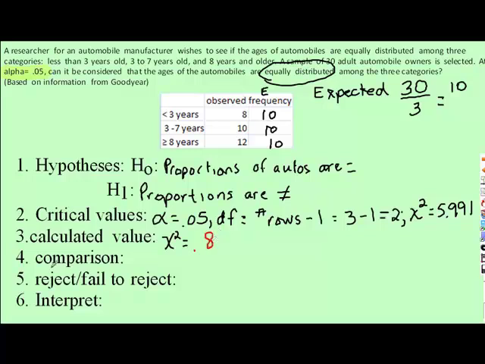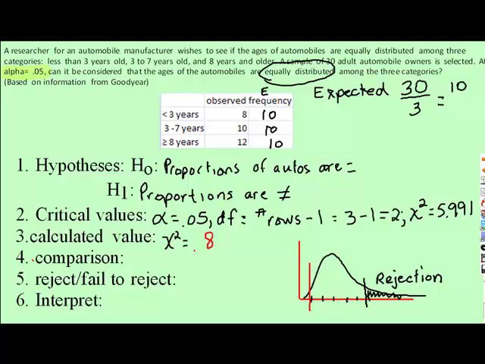In my comparison for step 4, I would take a curve. Chi-squares are not symmetric, they're skewed right. My critical value on a number line is just shy of 6, 5.991, and that would return my rejection region. However, when I compare what I've just calculated by hand, that is at 0.8, definitely not in the rejection region.